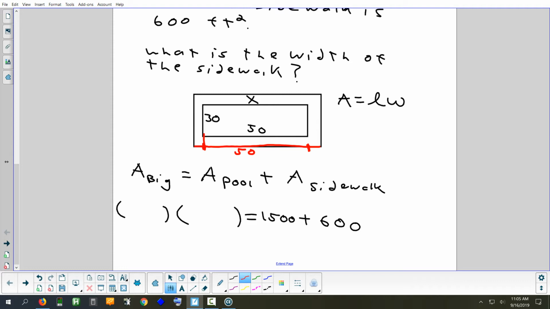Yeah, it would be x. It's the width of the sidewalk. And the width of the sidewalk again. So how long now is the big rectangle? Yep, Elias.